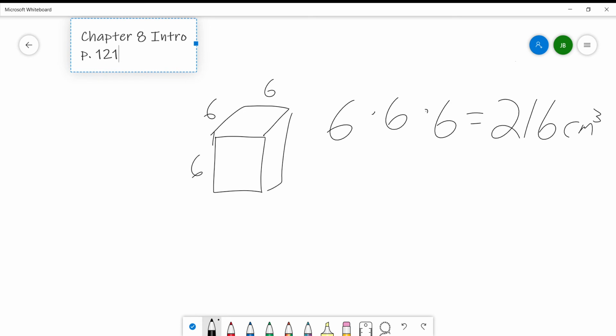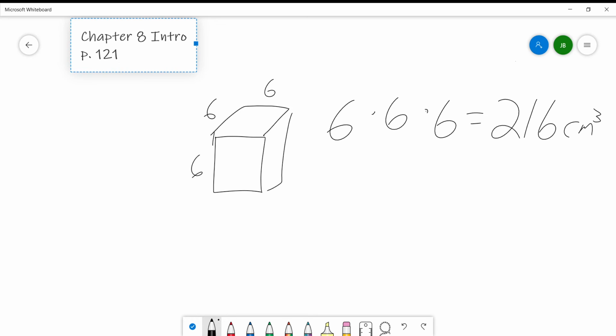What about the surface area? If you don't know what surface area is, it is how much area of paper you would have to use to completely cover the solid that you're doing.